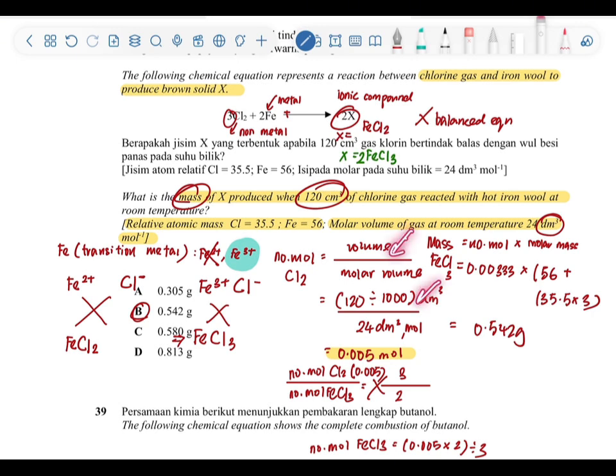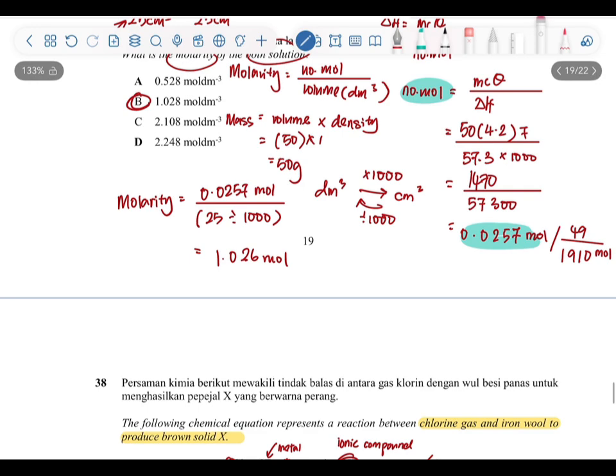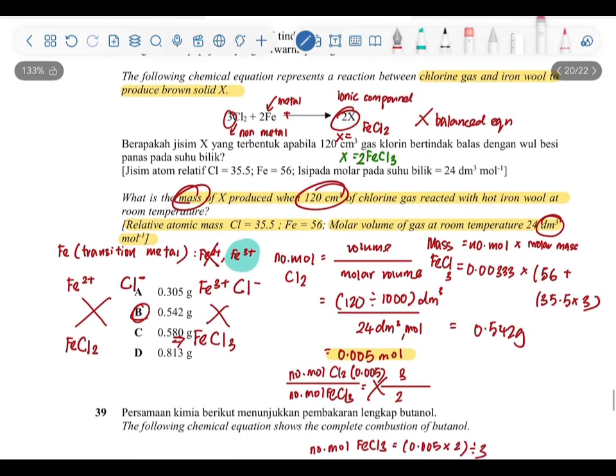So you just put the number inside, and then you will get 0.005. The thing that I want to emphasize is why we need to divide it by 1000. Do you notice that the unit for this 120 is cm cube, and for molar volume it is dm cube? So in order to convert the cm cube to dm cube, we need to divide by 1000.